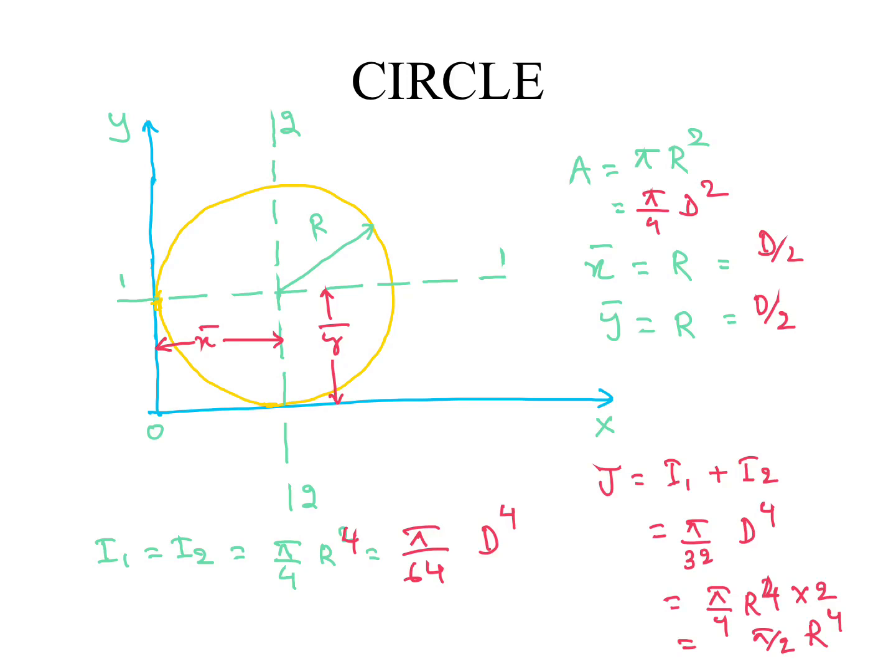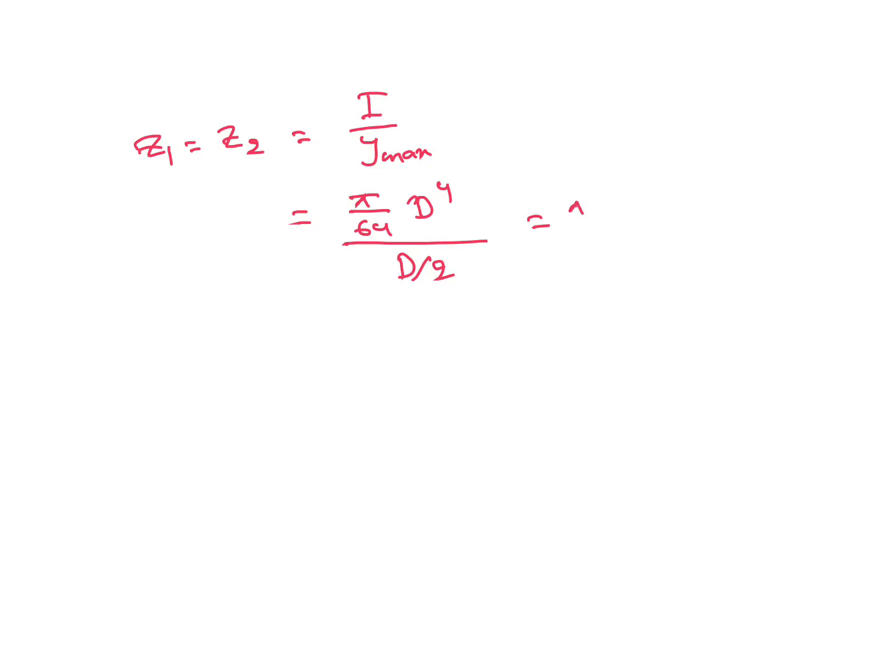Then section modulus. Section modulus Z1 equal to Z2 equal to I by y maximum. So you will get, it's d by 2, pi by 32 d cube.